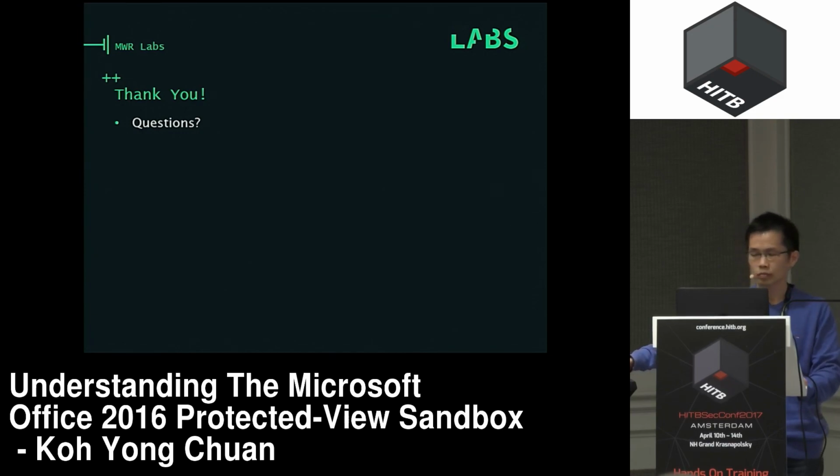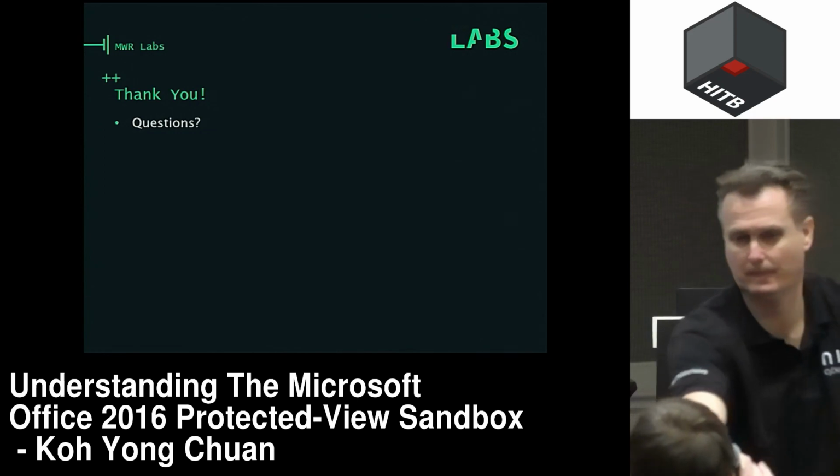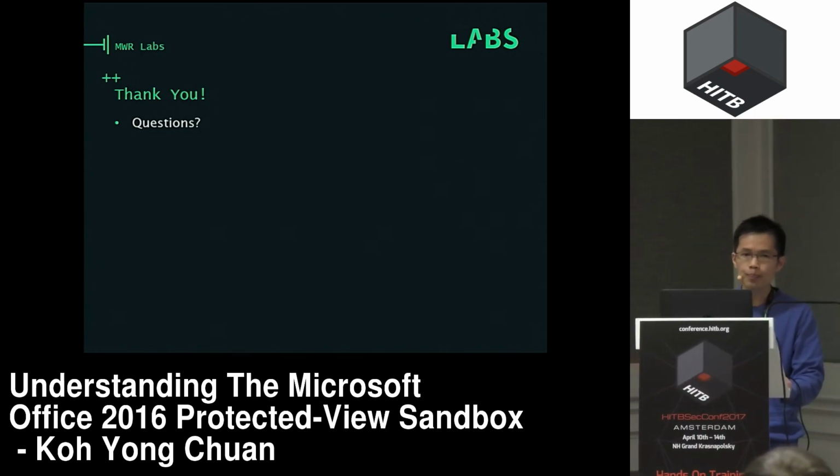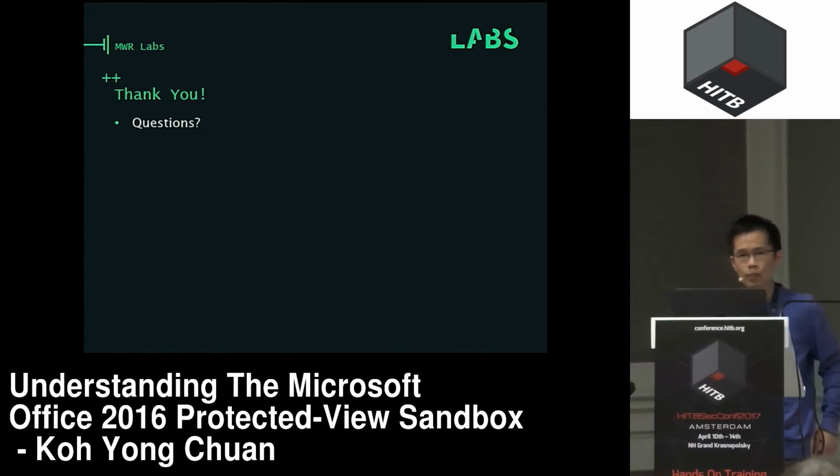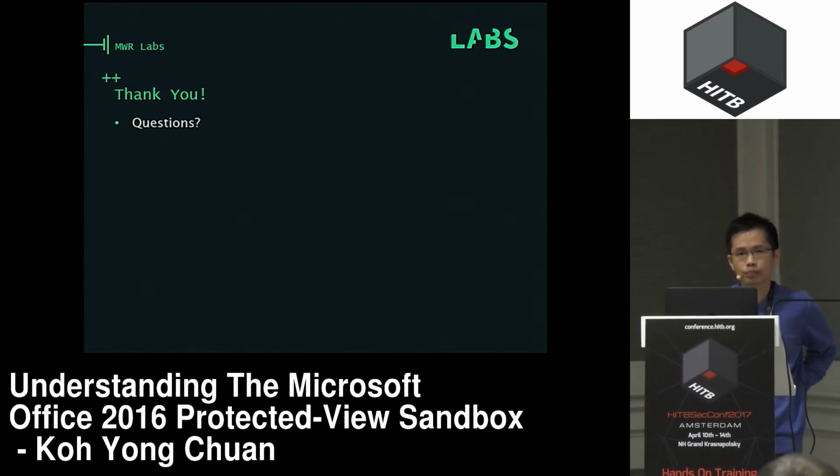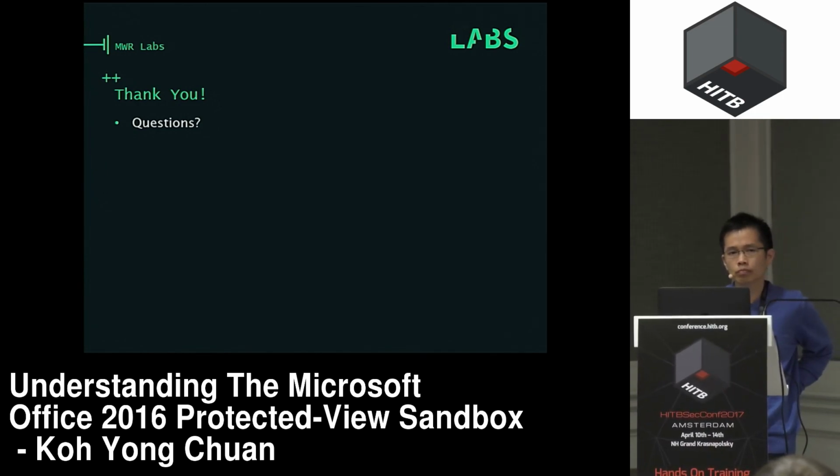Somebody got questions? Yes. Hi. Thanks for the talk, by the way. Did you look at any local issues that may be around, such as object squatting? What about the named pipe? You also mentioned it creates a named pipe.